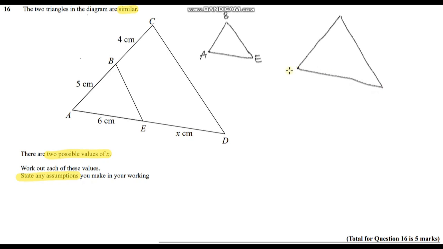So this is triangle ACD. Now we're told that these two triangles are similar, but what we're not told is which side corresponds with which. So that's, I think, where the 2 possible values of x come from.